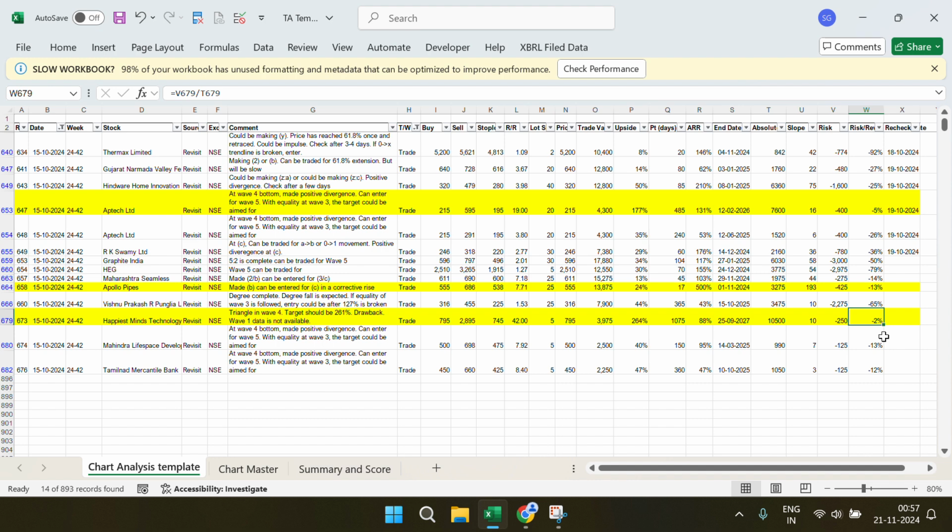It could help us, firstly, in controlling our emotions. Secondly, it can help us make our analysis better. Now, there could be only two ways of getting out of a trade. First, you book your profit, or you reach your target. Second, you hit your stop loss and you exit.